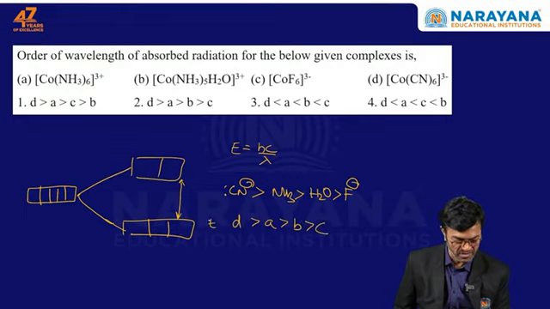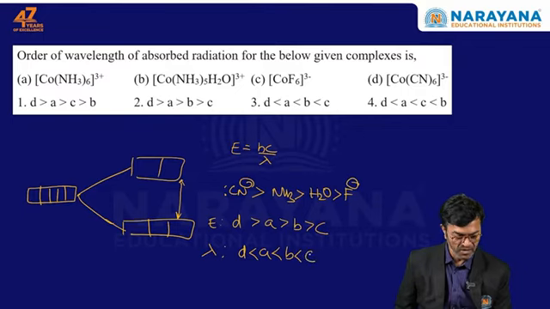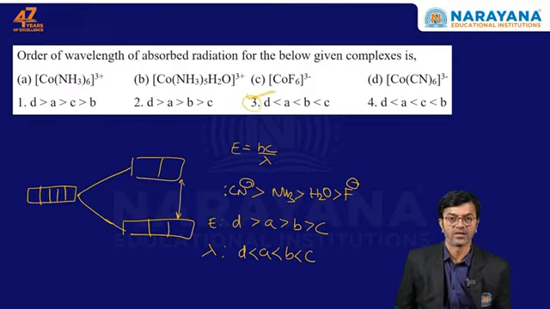This is the energy order, but energy is inversely proportional to lambda and the question asks for the lambda order. Therefore it will just be reversed. D is less than A, less than B, less than C. That means D, A, B, C, option 3 will be the correct answer for this question. It's a simple question. We have no need of finding any delta naught values, all those things.